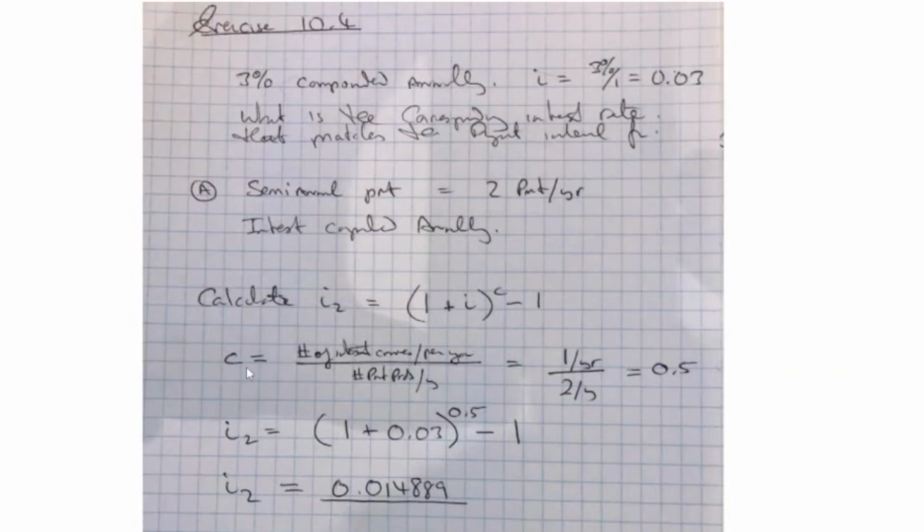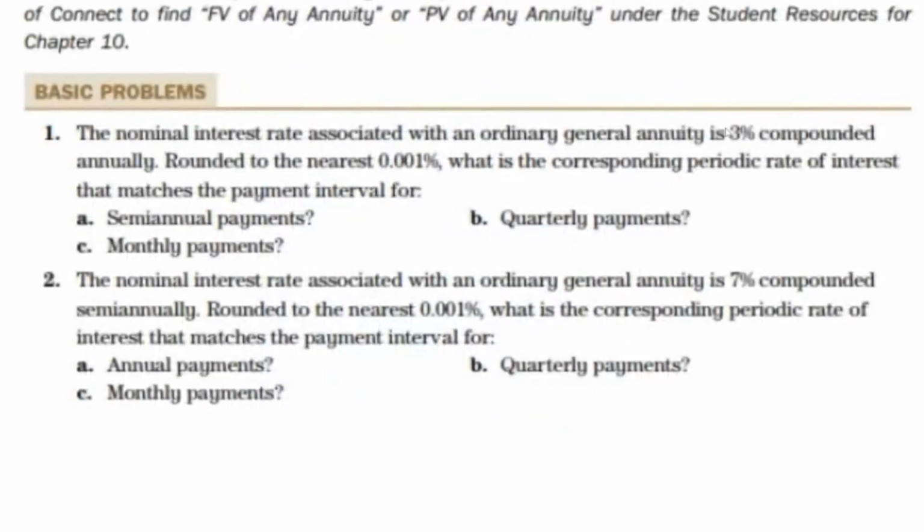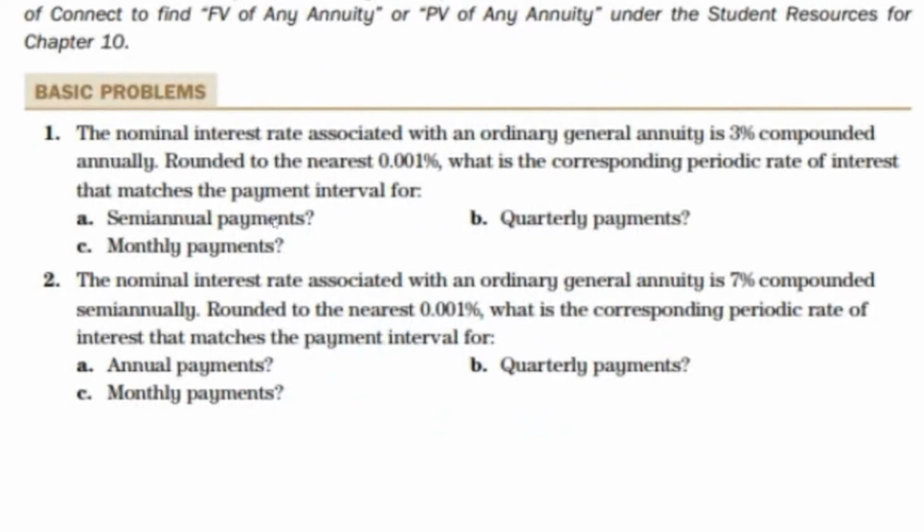And C is the number of interest compounding periods during the year divided by the number of payments per year. So interest is compounded annually, so that's 1. And number of payments during the year, semi-annually, is 2. So we've got 1 over 2, so the value of C is 0.5.